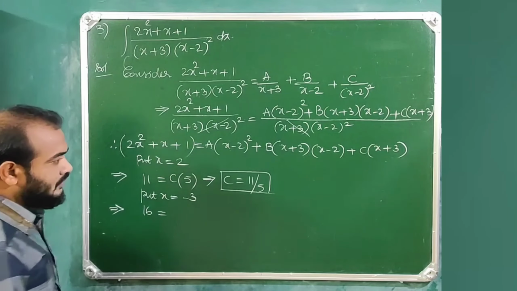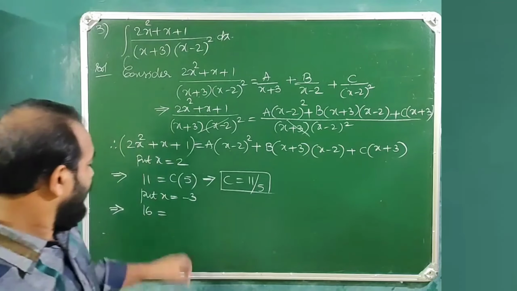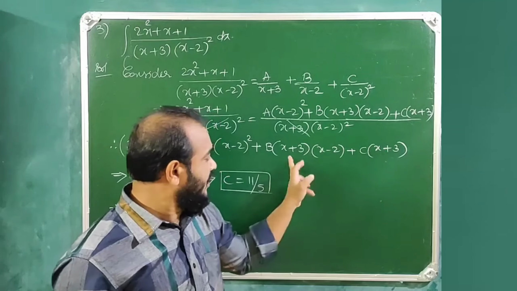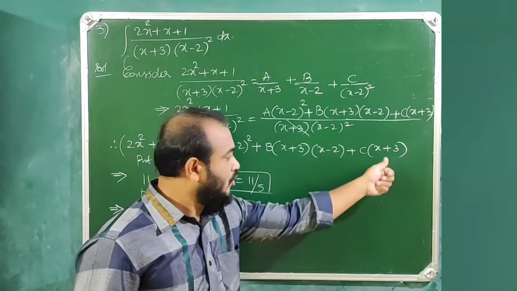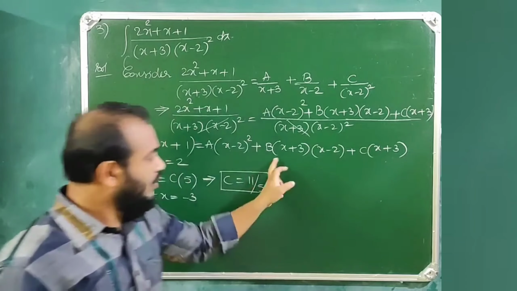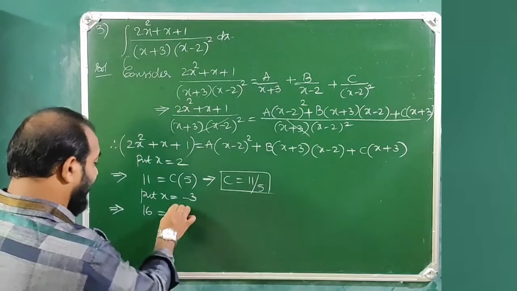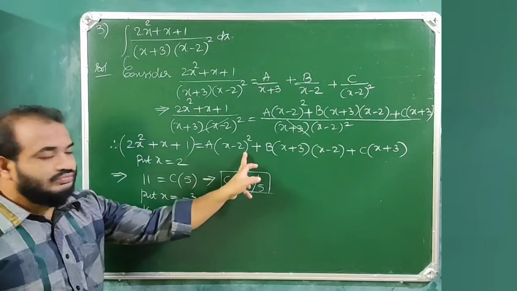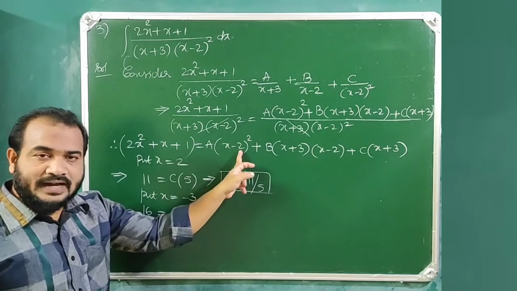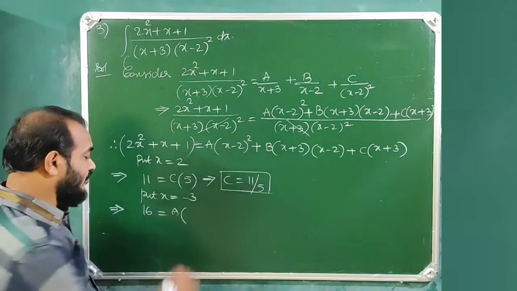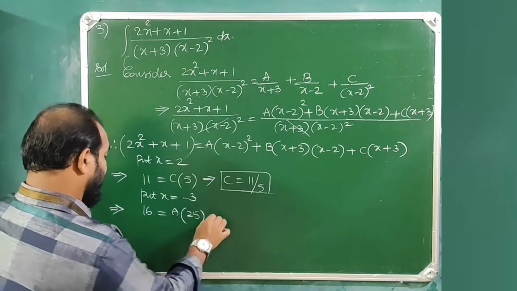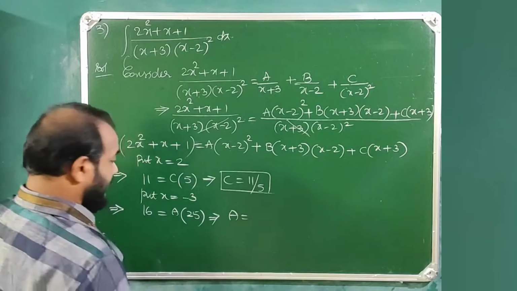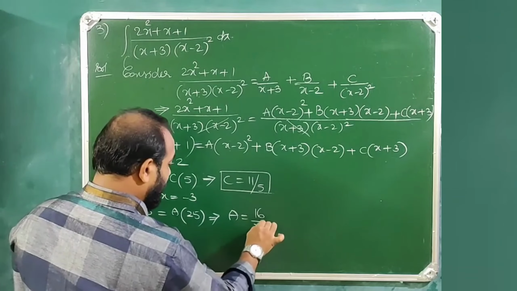So 16 is equal to, when we substitute minus 3 here and here, these terms would be cancelled because minus 3 plus 3 is 0. Now A into the value of x, minus 3 minus 2 is minus 5 whole square, which is 25. So A equals 16 by 25.